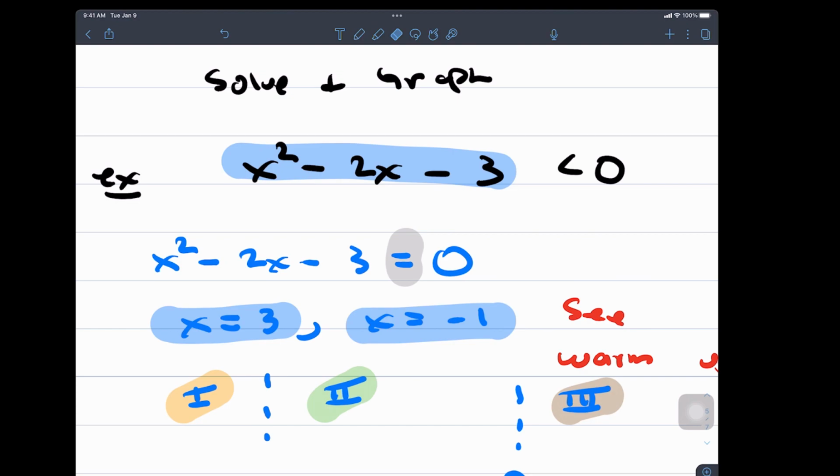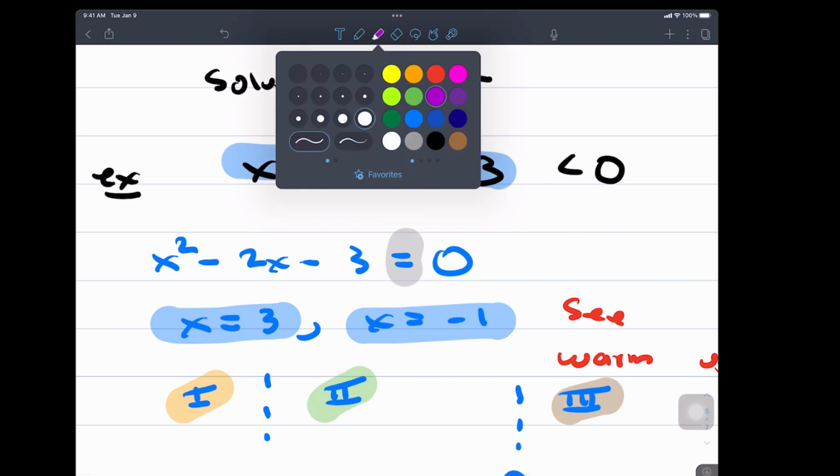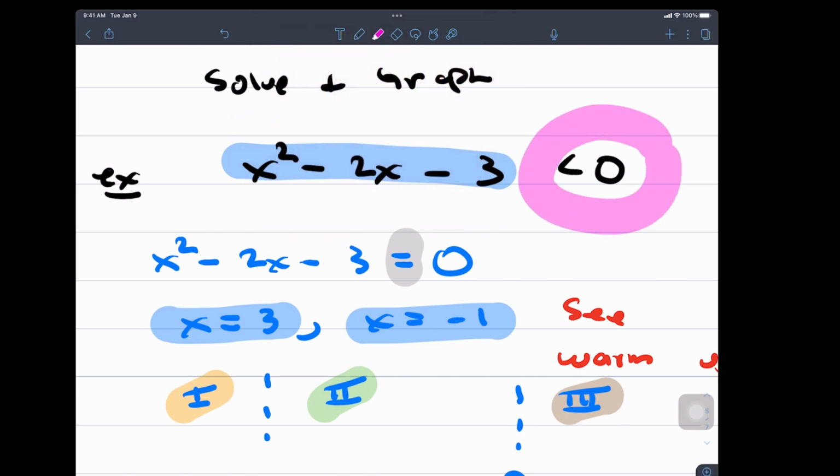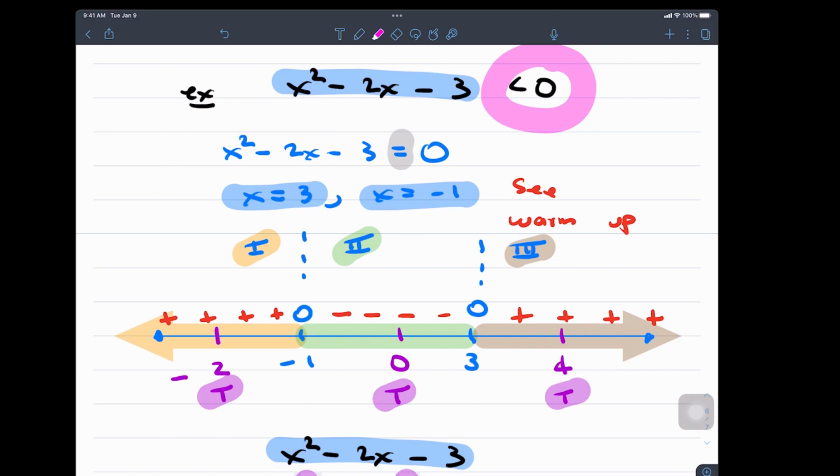Where is this quadratic less than 0? What does less than 0 mean? Negative. Good. Which region or regions is negative? There you go, ladies and gentlemen. Region 2 is negative, but you're not done.